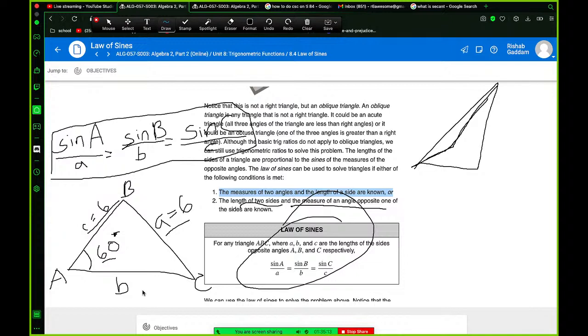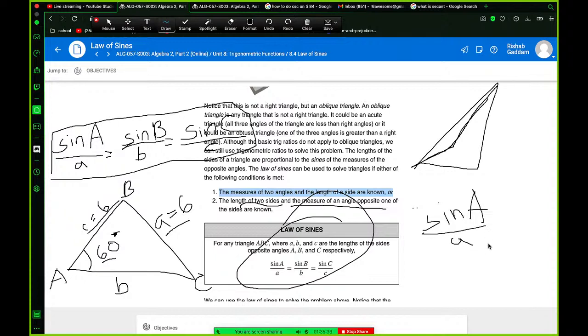So I did sine of angle A, and then I divided that by 6, and then I got 0. Sorry, I cut you off. So you're saying that you did sine of angle A divided by A. This is what you did?